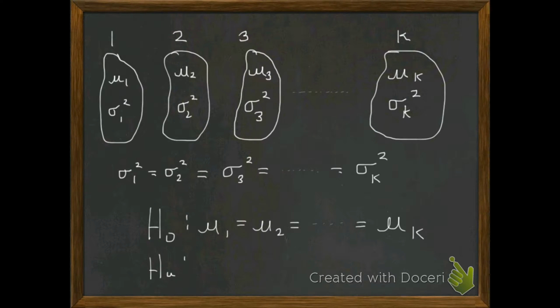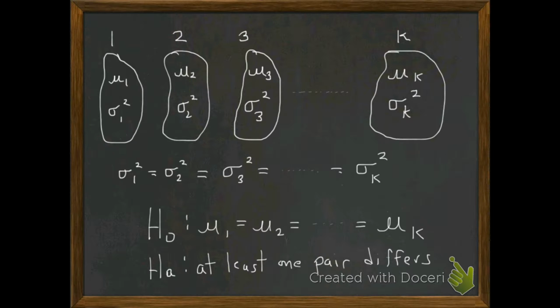And the alternative hypothesis is that at least one pair of means is different. So again, extending the two-sample pooled t-test into ANOVA is just the technique of comparing the equality of means from essentially more than two groups.